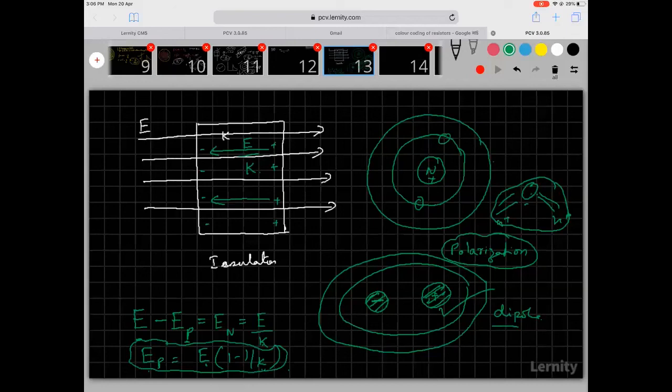Polarization consumes energy, and that electric field due to polarization is E into 1 minus 1 by K. The net electric field is equal to E by K. This was a question which came in the JEE Mains.